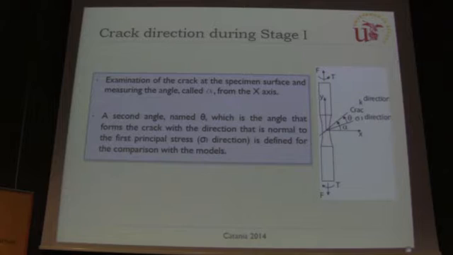We will use a second angle as well. We will call it theta, which will be the angle the crack forms with the first principal stress direction. We will use it for the comparison with the models. Of course, this first principal stress direction will change with the tests. It will be 0, or along the x-axis, for a tensile test, and 45 for a torsion test.